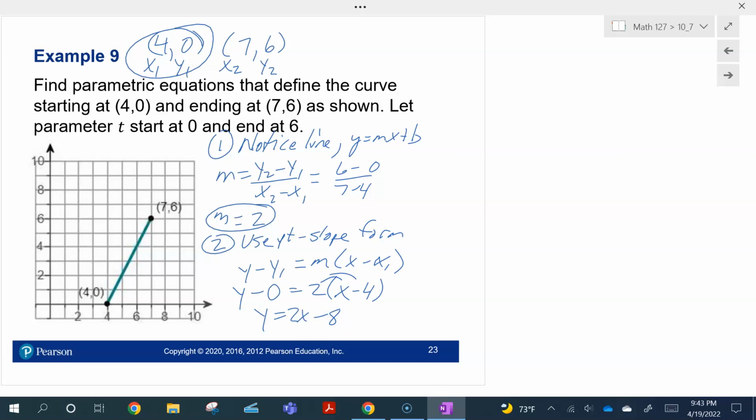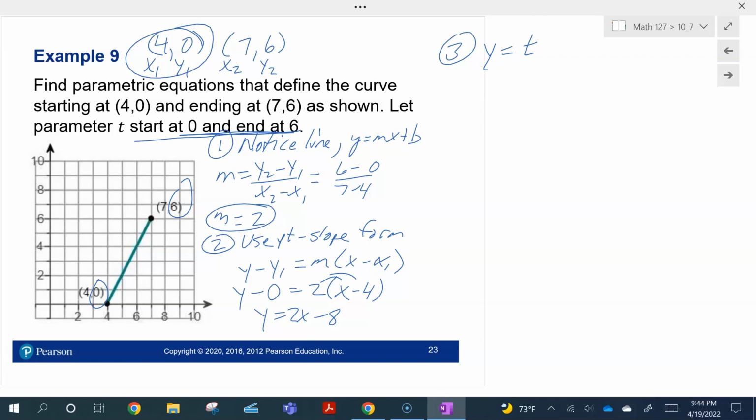Next, we need to create the parametric equations. Now notice that t starts from 0 and ends at 6, and the y also increases from 0 and goes up to y being 6. So I can make the assumption that y is the same as t, since that interval is the same. y is equal to t.